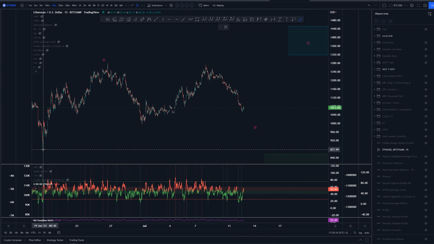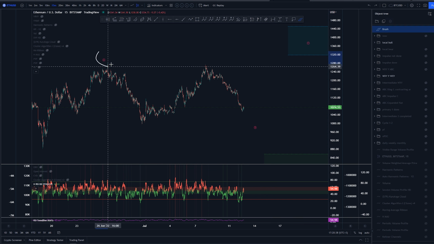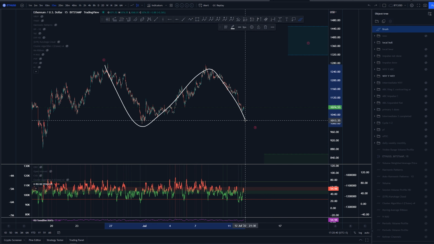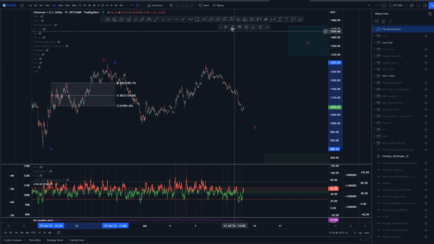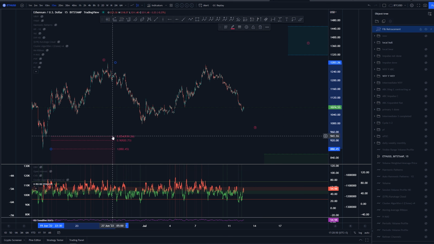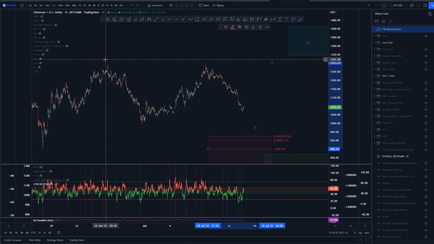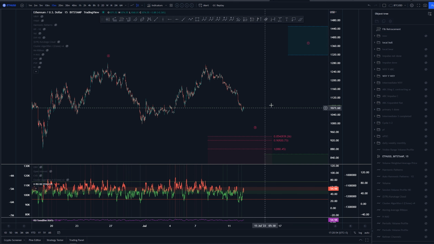Again, as mentioned before, it is completely possible to have this as an A wave or a WXY. Depending on how low this goes, we can actually set some targets here and see where we prefer it to go. Again, as this is a three-way structure, we are looking for a flat or a WXY.